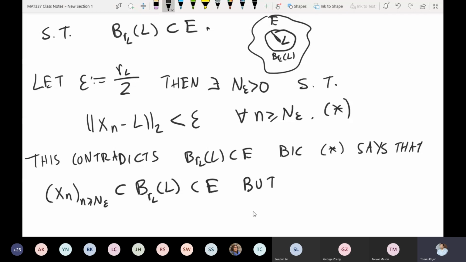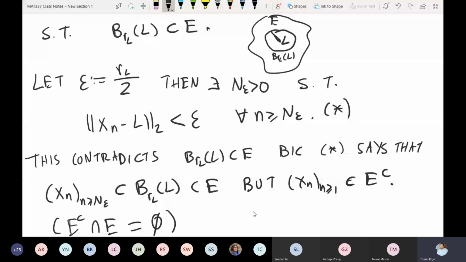But xn for all n is part of the complement. And yeah, so this contradicts that because we know E complement and E have empty intersection.